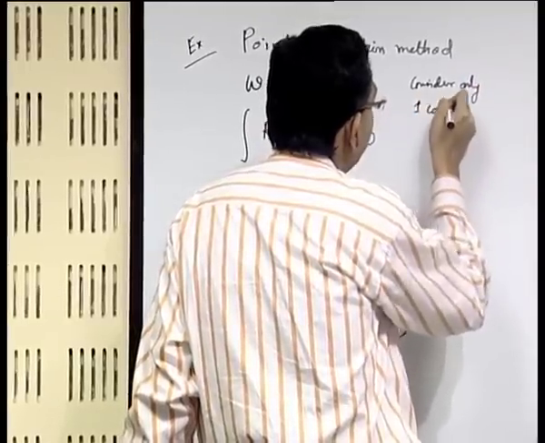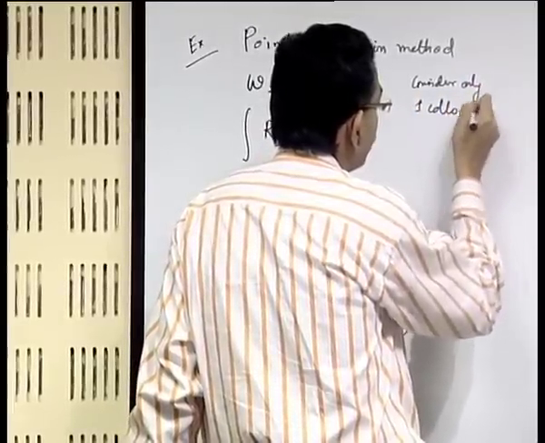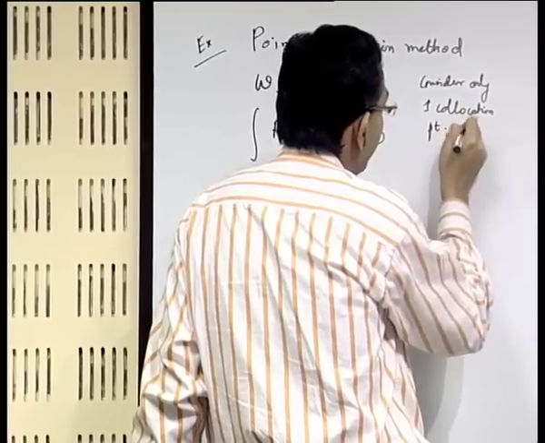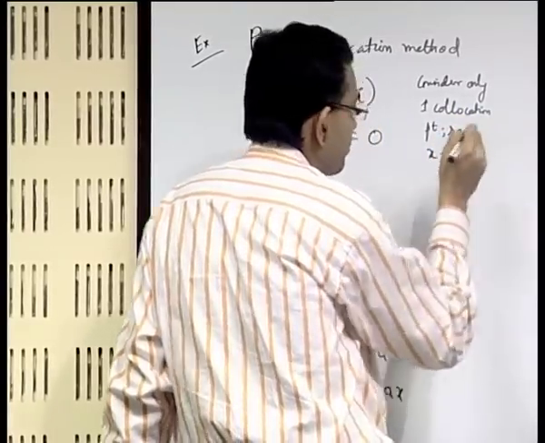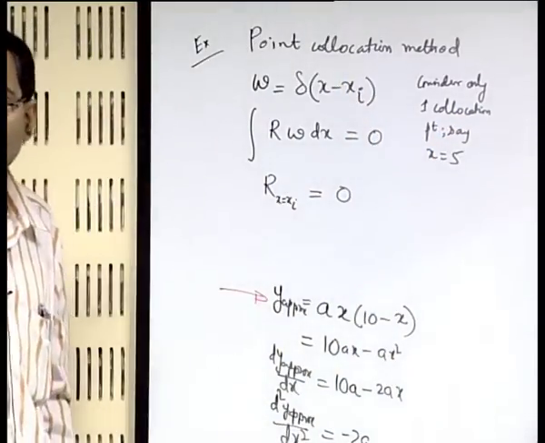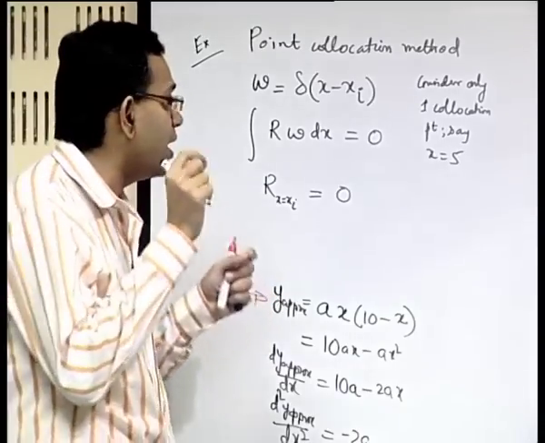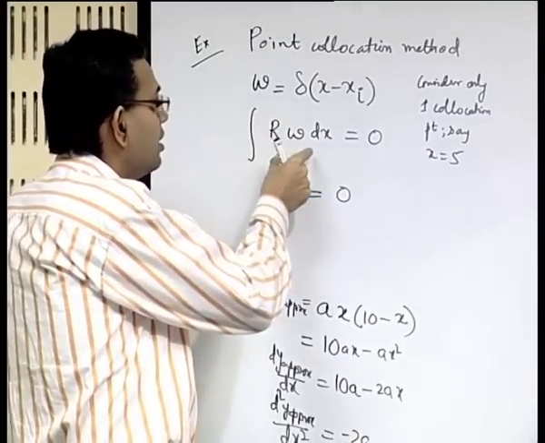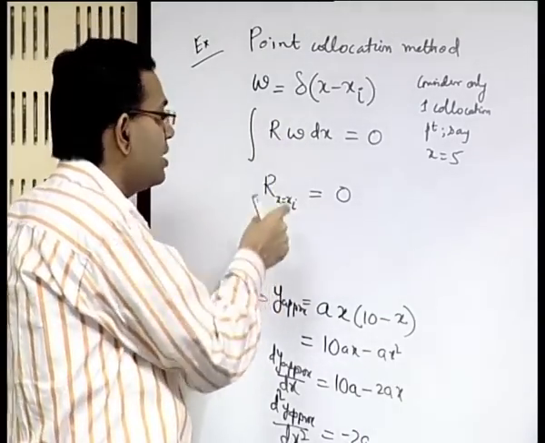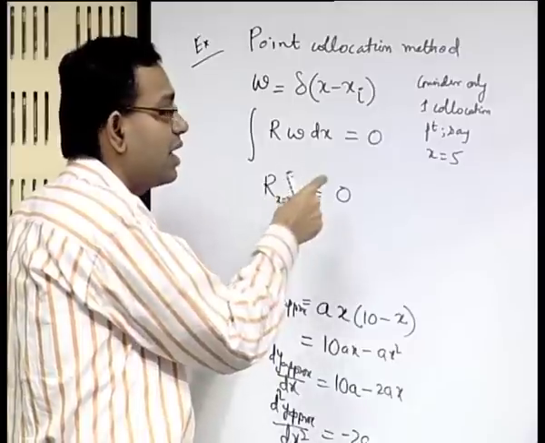Again this is an example, say x equal to 5. So, a collocation point is a point where you make the function satisfy its requirement, that means at that point the error is exactly equal to 0.